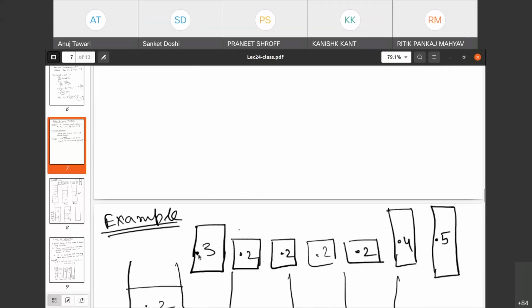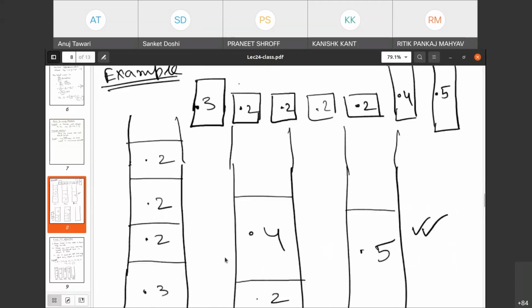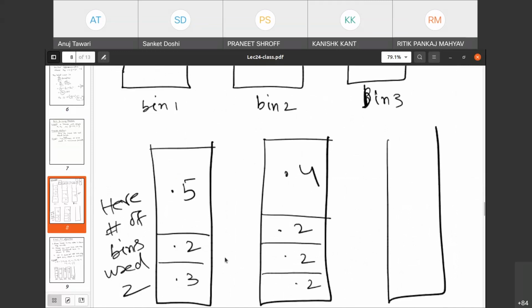Okay. So once 0.3 comes, I will decide which bin to put it in. Then when 0.2 comes, I'll again make a decision which bin to put it in, and so on. So these kinds of things are called online algorithms, where the entire input is not given to you. Only a small fraction of input is given.